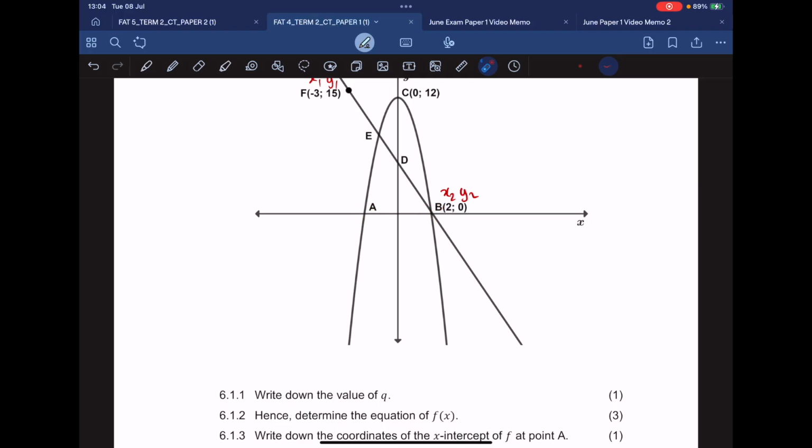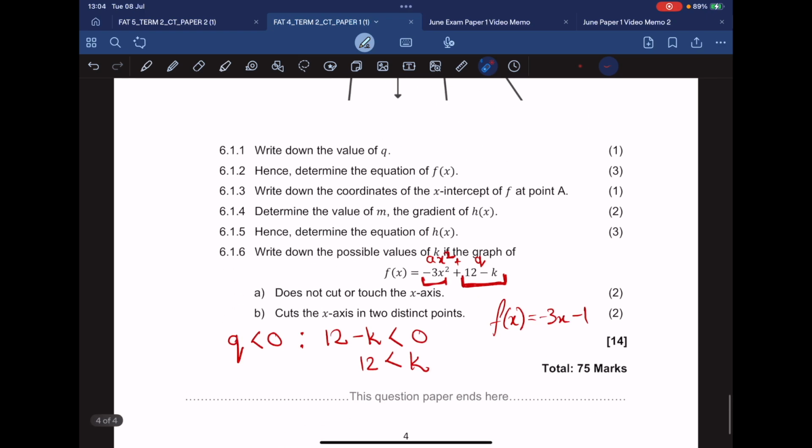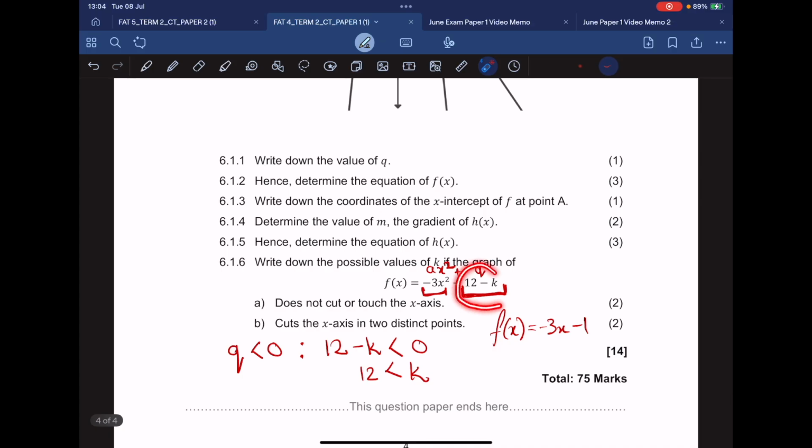The only time it will not cut in two distinct points is if it only touches the x-axis once, and that is of course when my Q value is 0. In other words, if my turning point is 0, then it will only touch the x-axis.